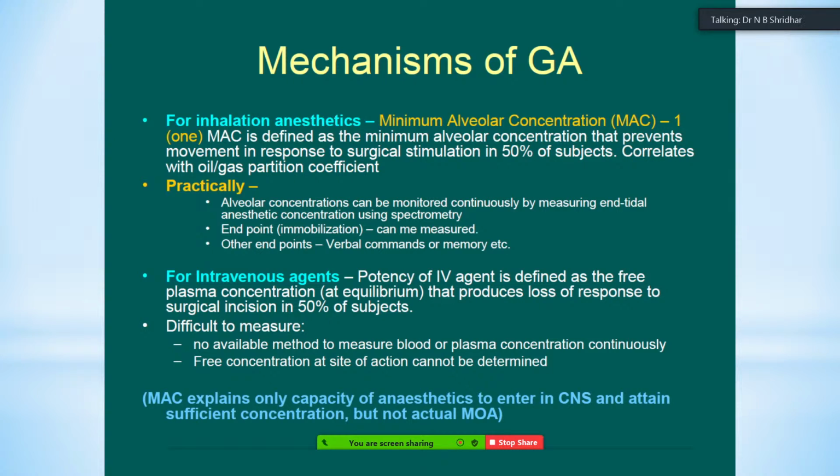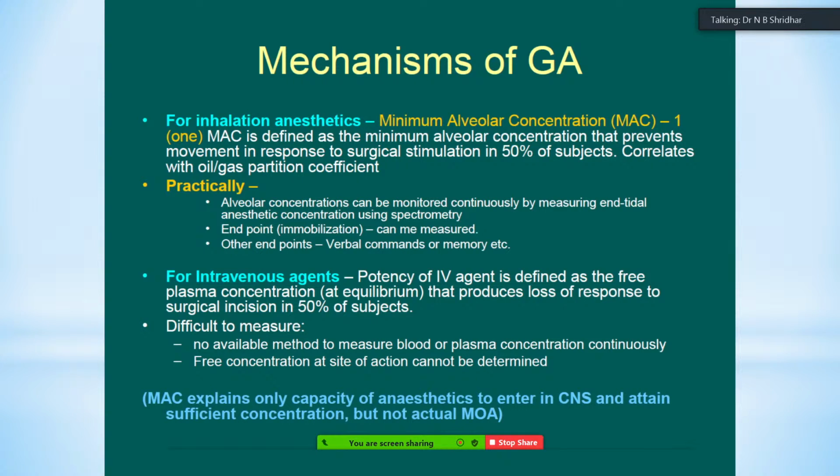So it is very difficult to measure. Of course, there is no available method to measure blood and plasma concentration continuously, just like putting a probe inside the artery or the vein and monitoring it using a machine. That's not possible now, and the free concentration at the site of action cannot be measured. So this is a very difficult situation.